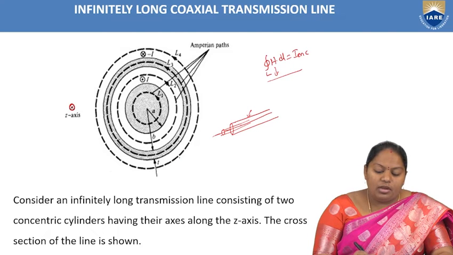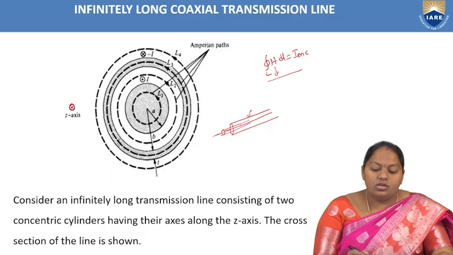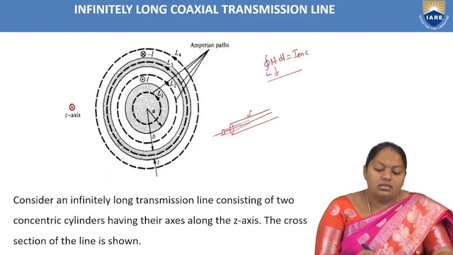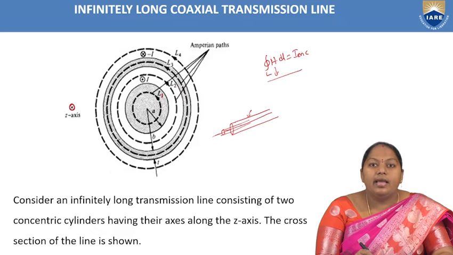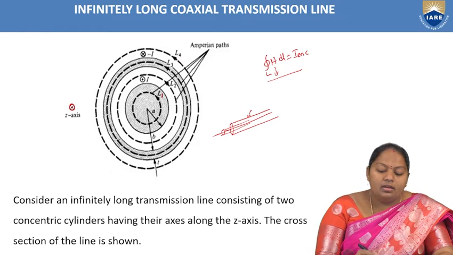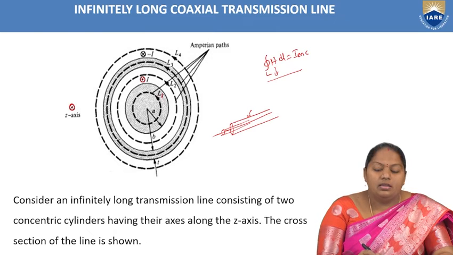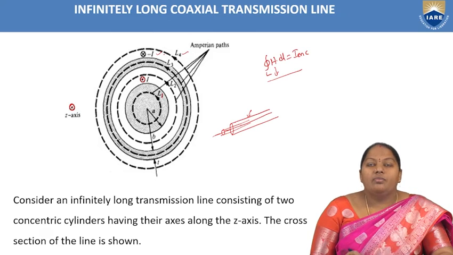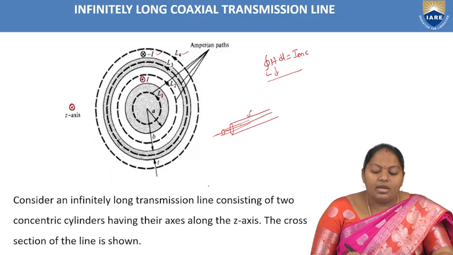Here we consider four Amperian paths: path 1 is denoted L1, path 2 is L2, path 3 is L3, and the fourth Amperian path is L4. Around path L2, the total current enclosed is I, and for the fourth Amperian path, we have considered the total current as minus I. In each Amperian path, we are going to estimate how much magnetic field exists and how much current is enclosed by that particular path.